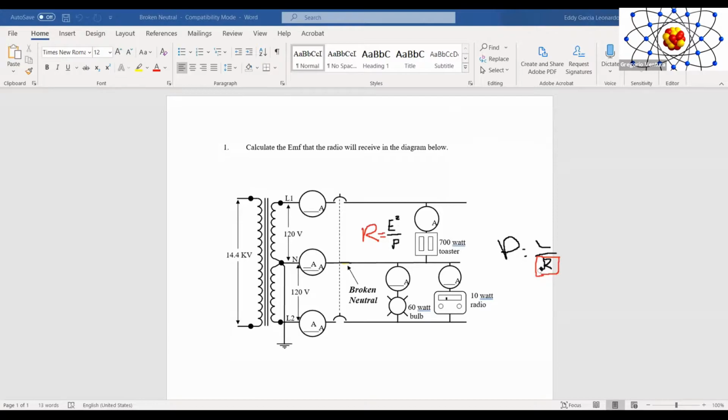It makes sense. All I did was swap these two values. I send R to the position of P, and then I send P to the position of R. That's how you can transpose that formula rather quickly.